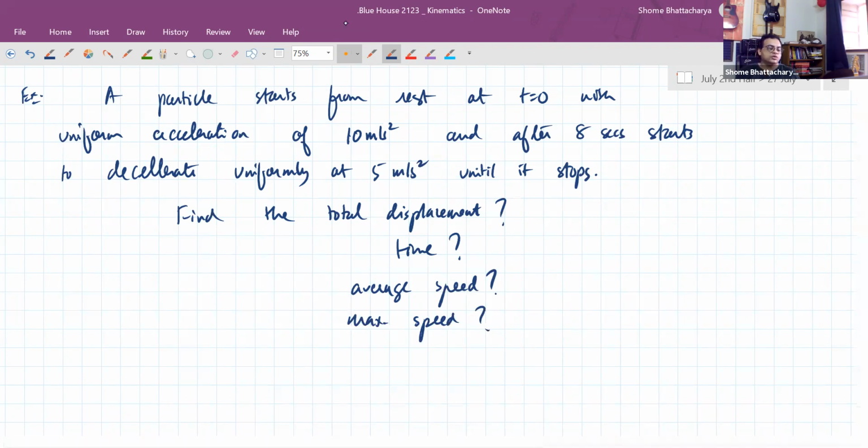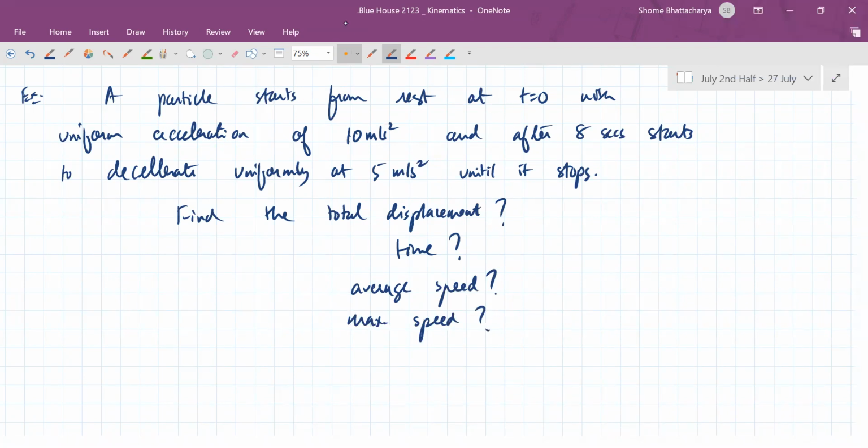You can't say this is a uniformly accelerated motion because in between the acceleration is changing, but it's a combination of two separate parts of motion, one part with a uniform acceleration of 10 and the second part with a uniform deceleration of 5. So to each individual part, you can still apply the equations. So just try out this question. We'll discuss some different approaches to this also.